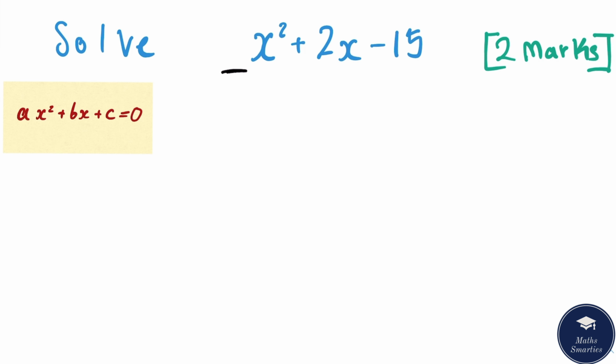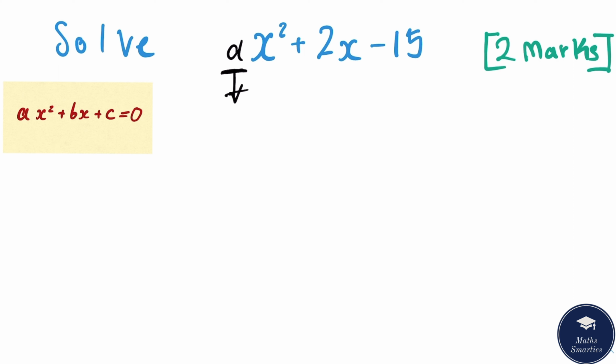So let's write what's the standard quadratic equation. It is this: ax squared plus bx plus c equals 0. Now, what's a? A is the coefficient of x squared.